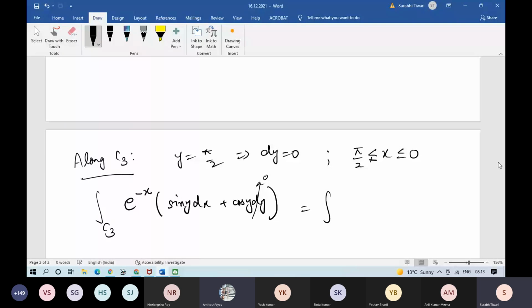So this will be from pi by 2 to 0 e raised to the power of minus x dx. Okay, is it clear why it is going from pi by 2 to 0? So this is e raised to the power of minus pi by 2 minus 1.